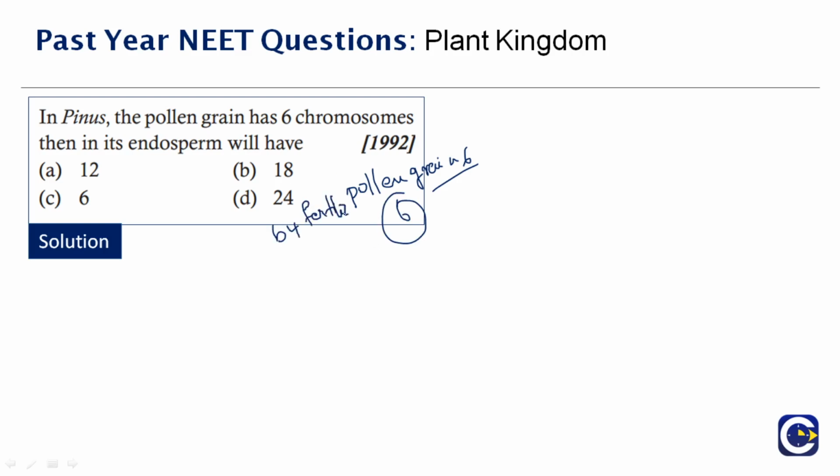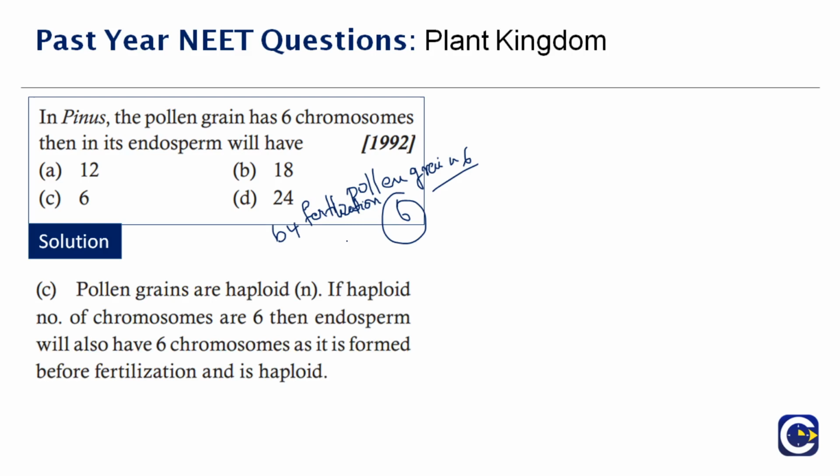So before fertilization, the chromosome number is not going to change. If it is 6, it is going to be 6. If it is 7, it is going to be 7. Only after fertilization, it will become diploid. Therefore, in Pinus, the pollen grain has 6 chromosomes and the endosperm will also have 6. Option C is the right answer. Both will remain haploid because we are talking about a system before fertilization. After fertilization, the system can become diploid. Therefore, the correct answer is option C.